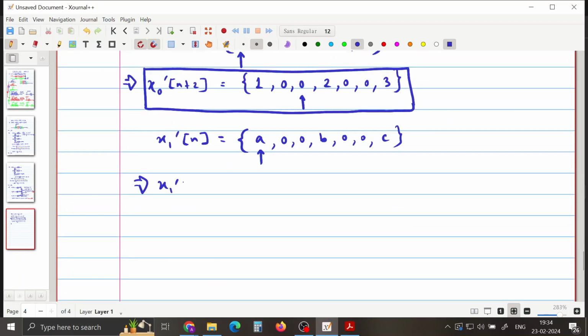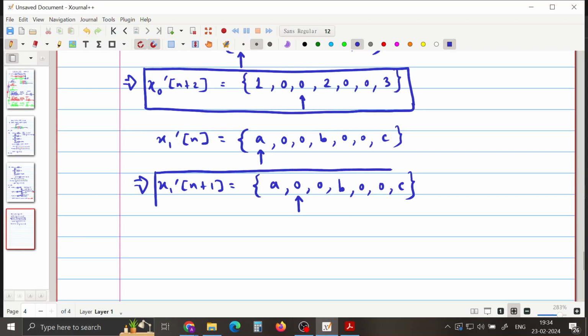So this is x1 prime of n plus 1, which is nothing but a 0 0 b 0 0 c, with the arrowhead now pointing at this location. So I'll put this in a box as well.